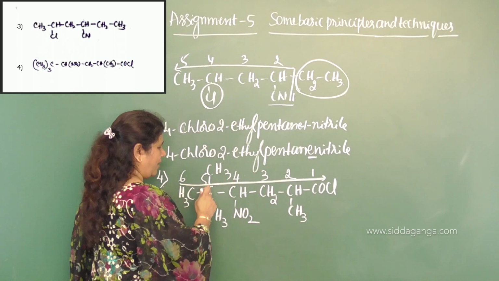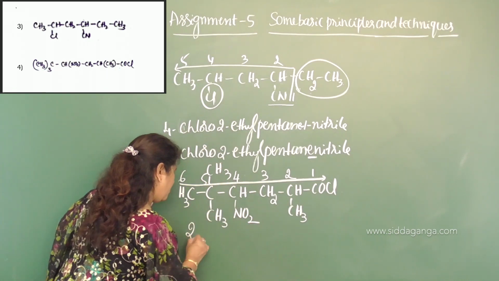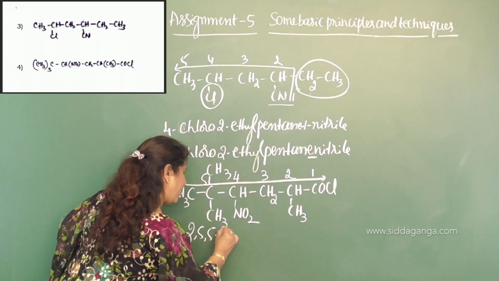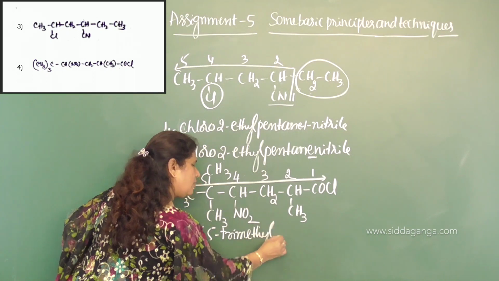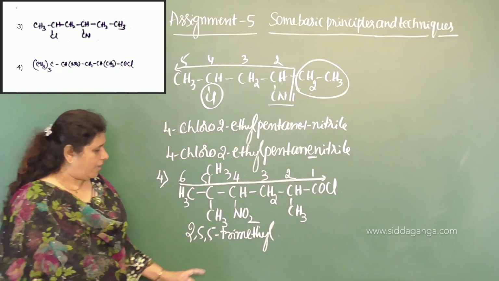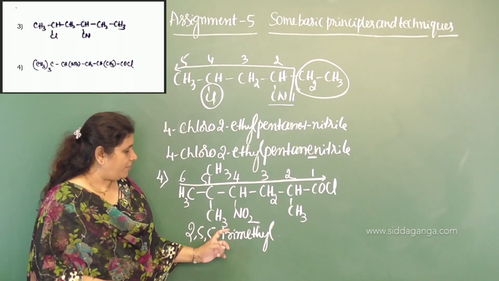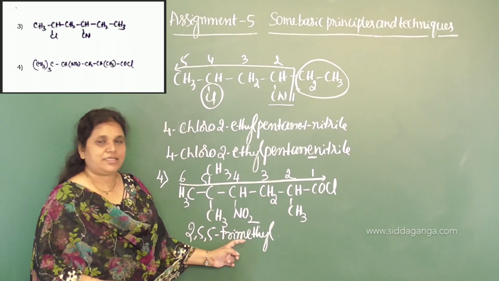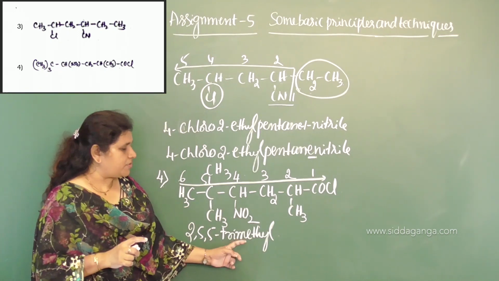2, 5, 5, trimethyl. So, I will write here 2, 5, 5, trimethyl. So, while arranging in alphabetical order, we should not consider the multiplying prefix. We need to consider the first letter of the fundamental name of the substituent group.